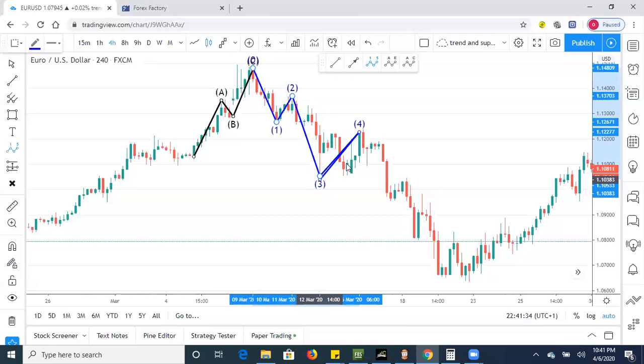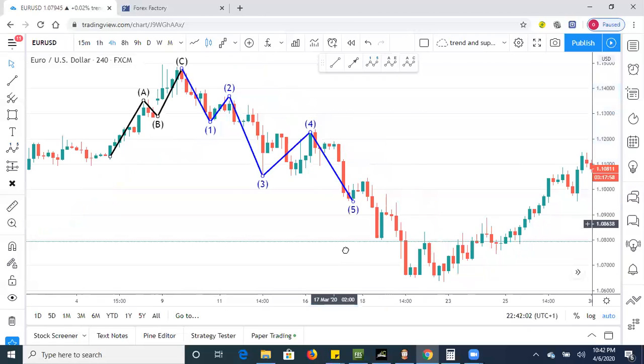We'll wait for the pullback, and we expect the pullback to end somewhere between 3 and 2. And we say traditionally at point 1. Then what do we want to do from there? We'll now sell when we have any sign of bearishness from point 4. We'll want to take this down and cycle even lower than point 3. First take profit at point 3 and you cycle even lower, right?